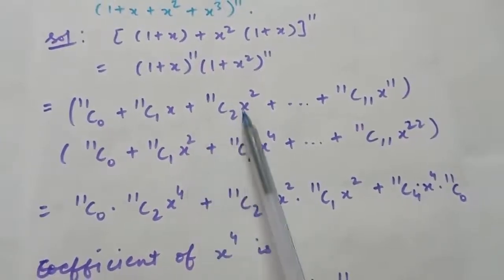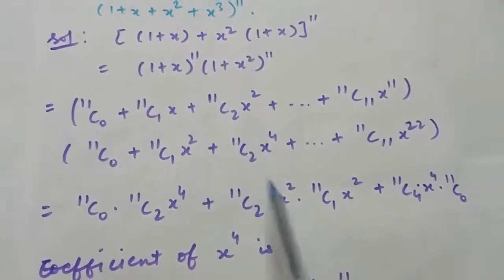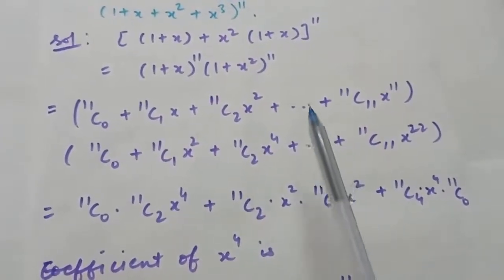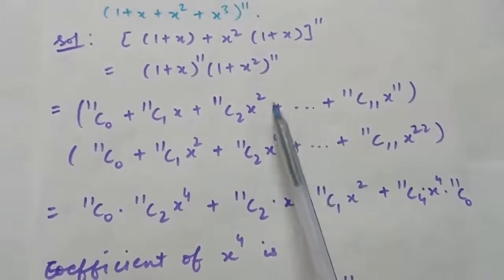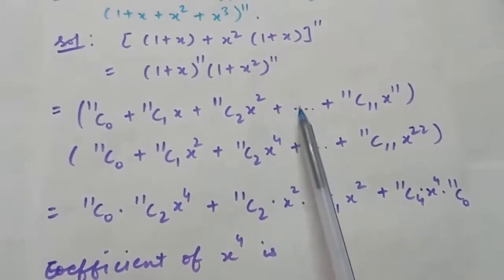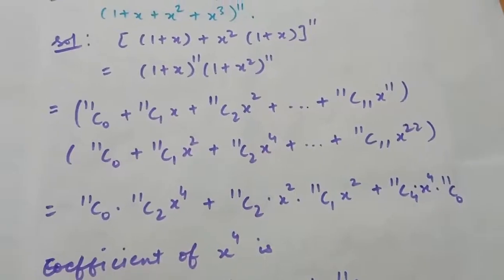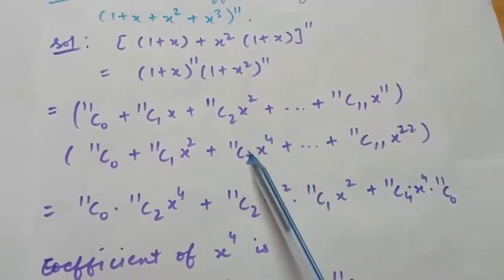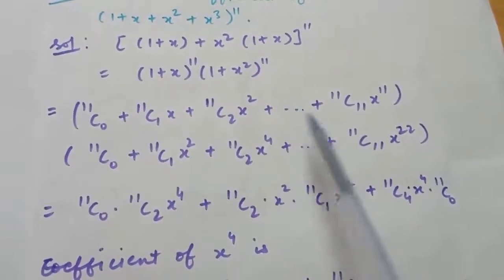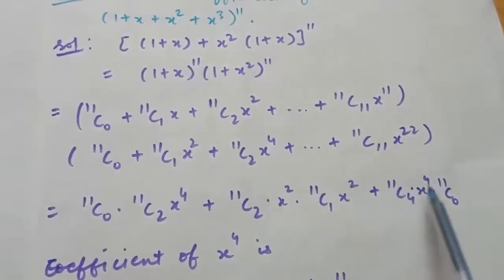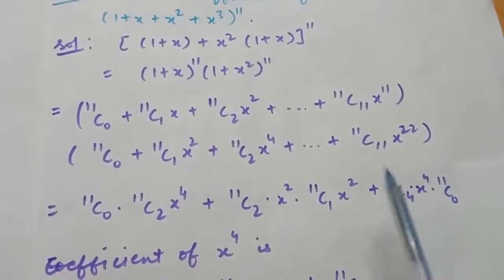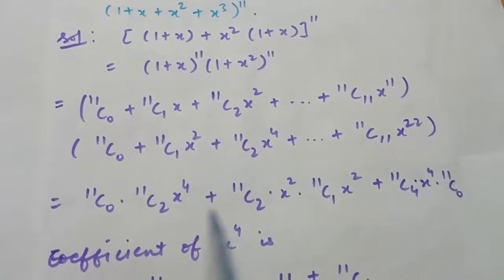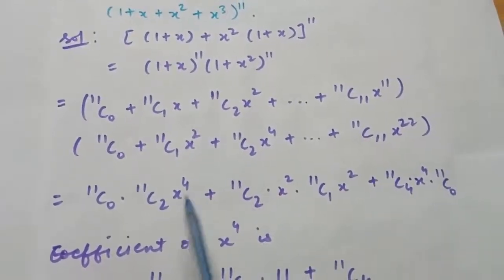So multiply these two, 11c2 into x square into 11c1 into x square. Similarly, the next term in this expansion will be containing x cube, right? So that cannot be multiplied with any term of this. Then the next term in this expansion will be 11c4 into x raised to the power 4, which can be multiplied with this constant term 11c0. So these are the only terms containing x raised to the power 4.